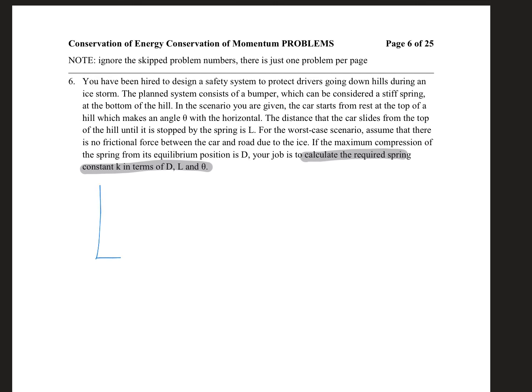So here's this hill, and at the bottom of the hill is this spring. In fact, I guess it would be more like that. So we're going to smash it some distance d. We're going to put energy into the spring by smashing it. Let's see.